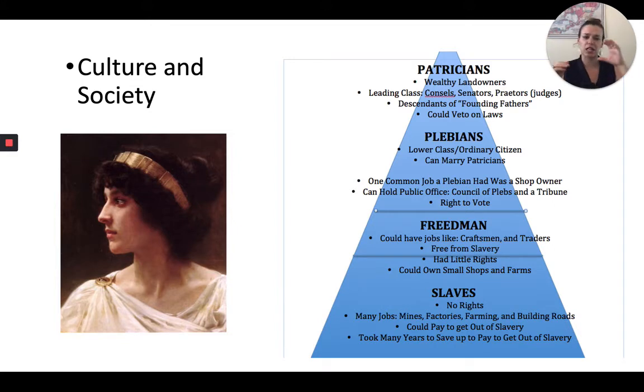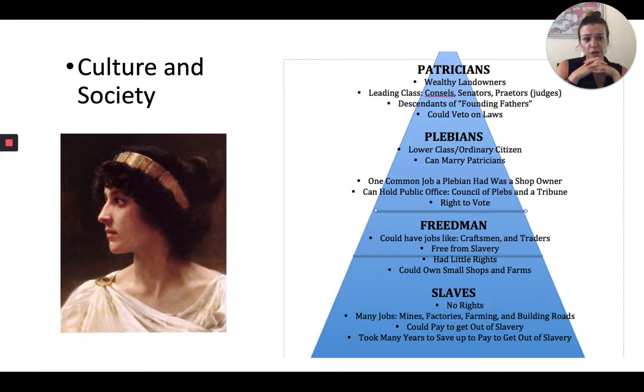One family, the client family, is always going to be indebted to the patron family. So it institutionalizes inequality, and it gives both sides a reason to cooperate and support the status quo, right? It's in everyone's interest to preserve this inequality. Nevertheless, periodic conflicts emerged between the patrician elite and the plebeian majority.